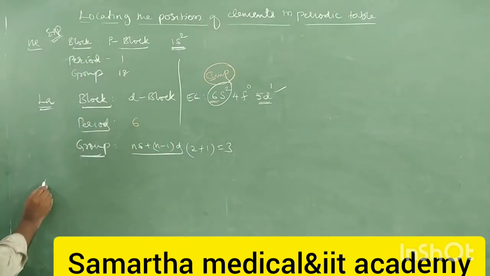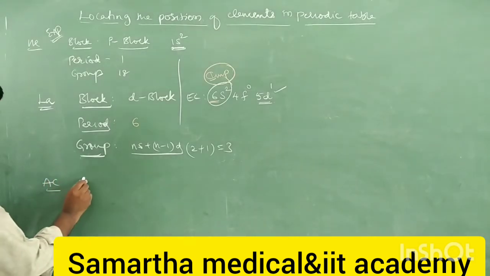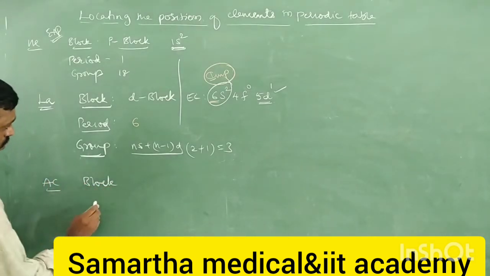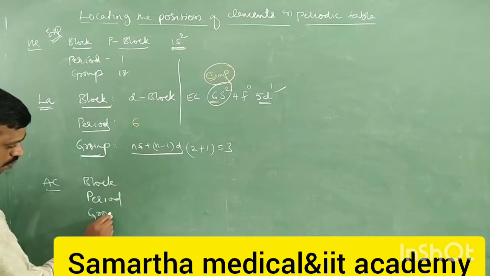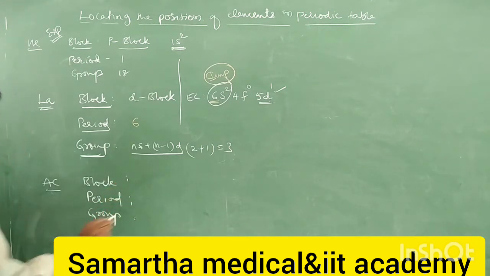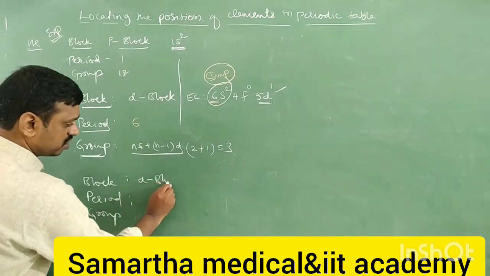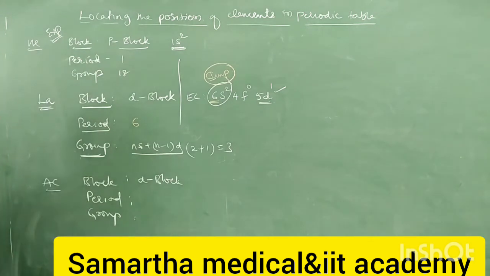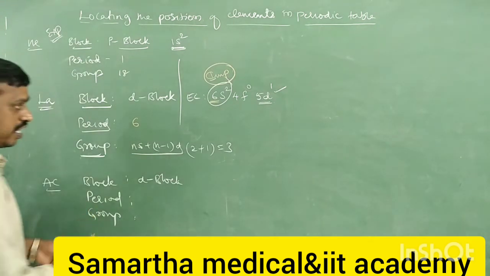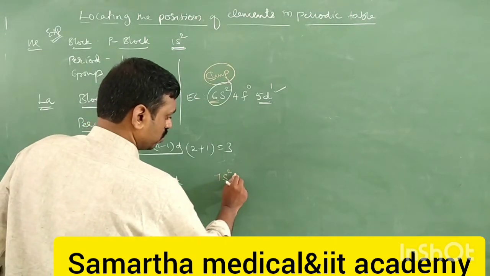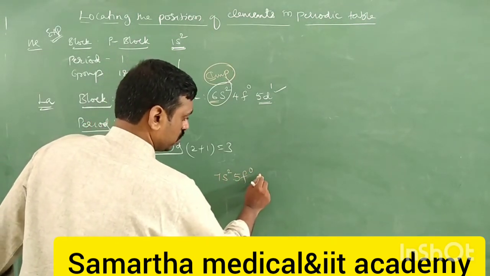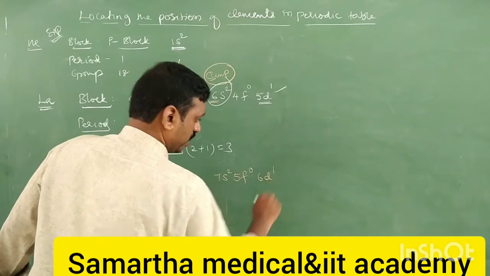Next, actinium. What is the block, period and group? The block is d block. Why is this a d block? Again, electronic configuration. The electronic configuration of actinium is 7s2 5f0 6d1.